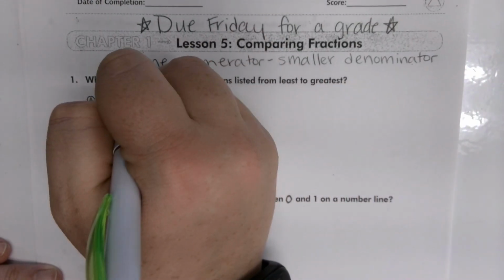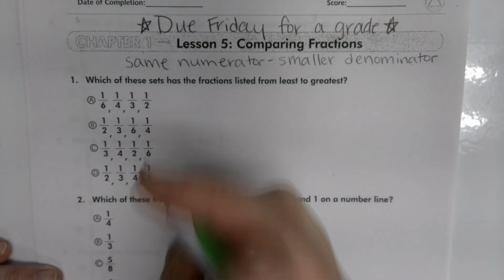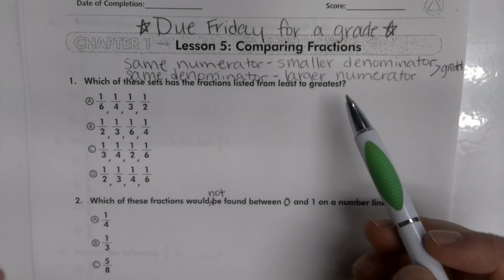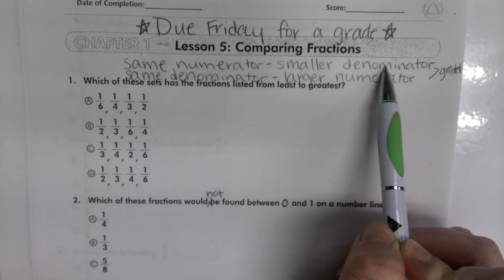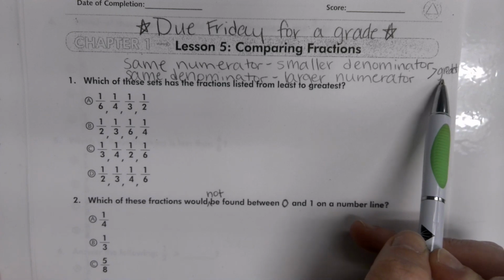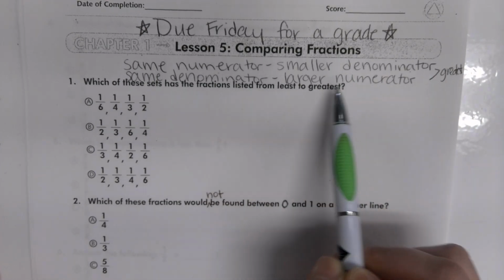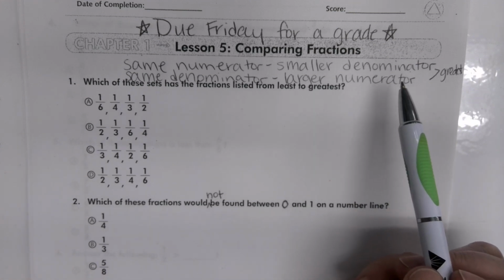If it has the same denominator, you look for the bigger numerator because that's going to be more pieces. Okay, so having the same numerator, find the smaller denominator, that's going to give you the greatest fraction, as well as if the denominators are the same, you can find the larger numerator to give you the greatest fraction.